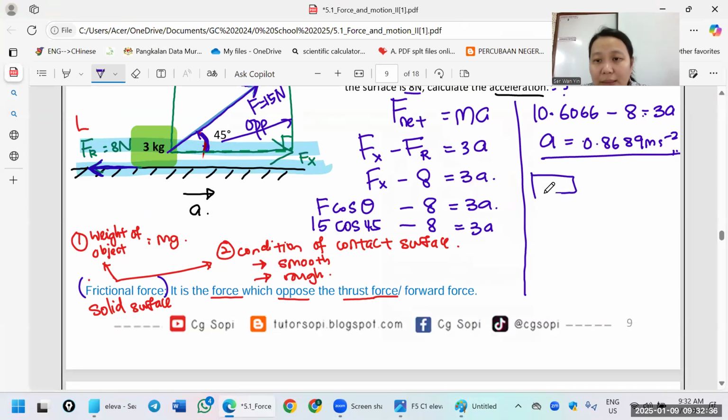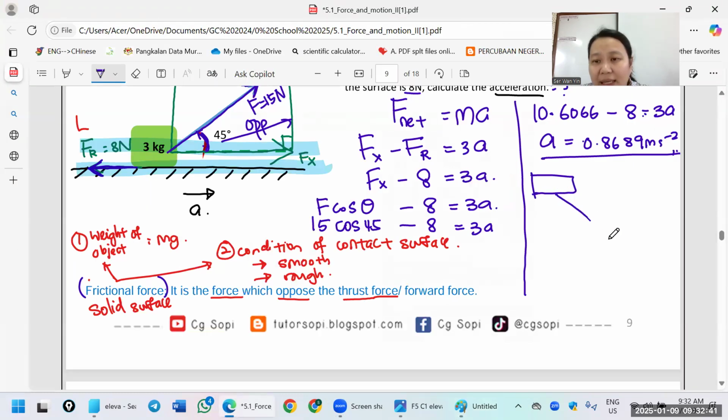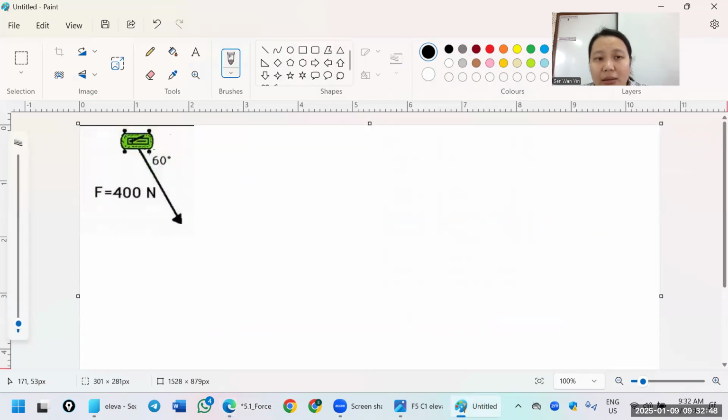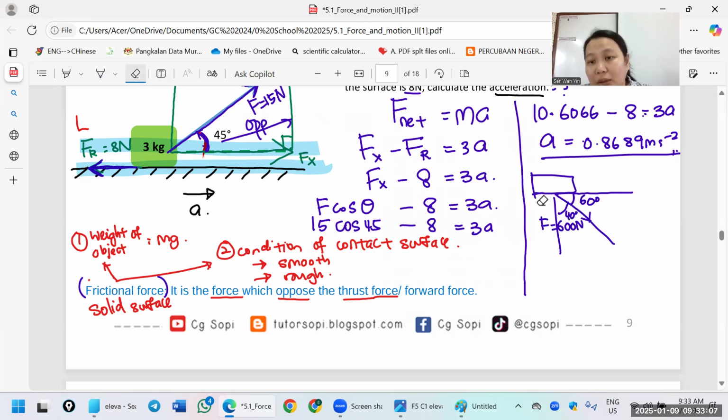Now, for example, there is a box pulled by a force F equals 600 Newton. The angle here is 60. So let's draw a horizontal line, 60. By the way, I'm not saying every angle must start from horizontal. Sometimes they also will give it here. But it's okay, now we start with the original first.